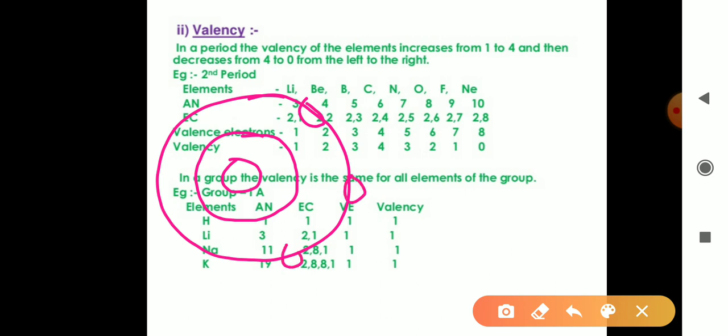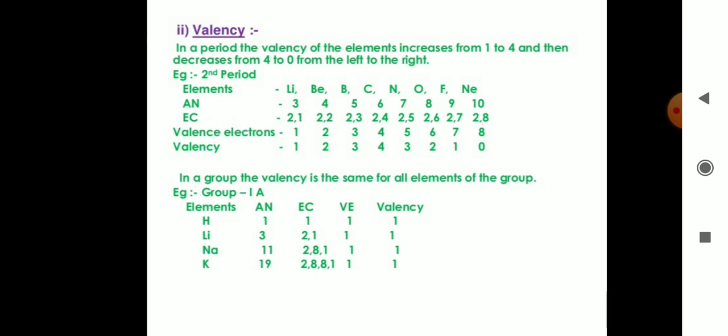Suppose this is second shell, so every atom or element try to maintain 8 electron in the last shell, and therefore that atom either donate electron or either accept electron from other atom. So that number of donated or number of accepted electrons is called as the valency.